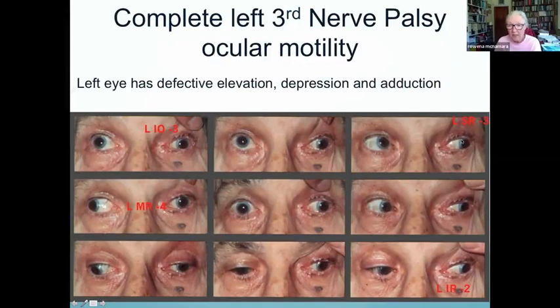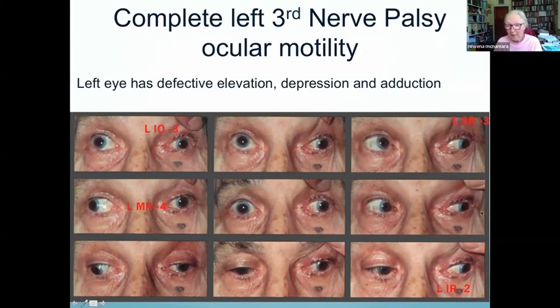Now we're looking at the main action of the superior rectus in the left eye, and we can see that it is not moving upwards above the midline, but it moved up a little bit from its hypertropic squint position. So I've graded it as -3. It's not a measurement, it's just a score. It looks to me like it's only got 25% of action, so it's -3.